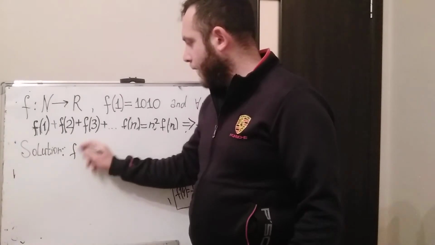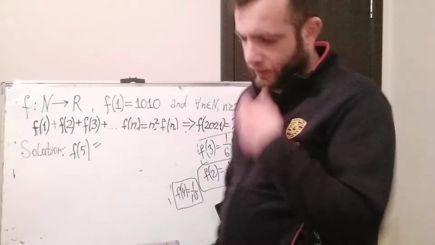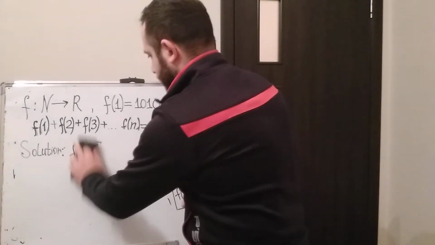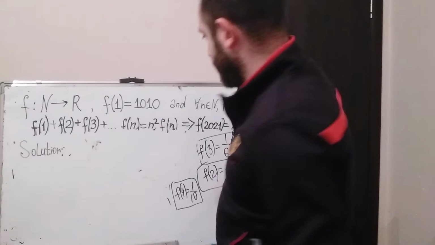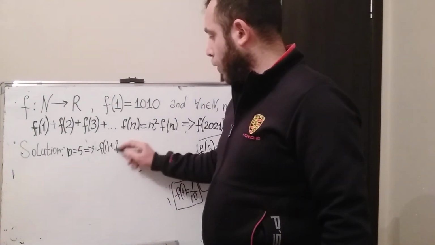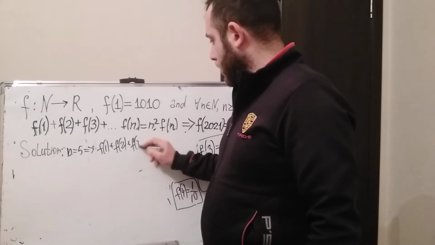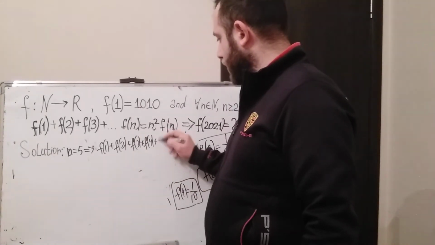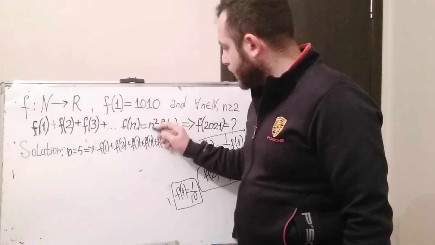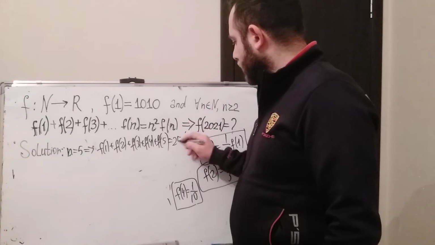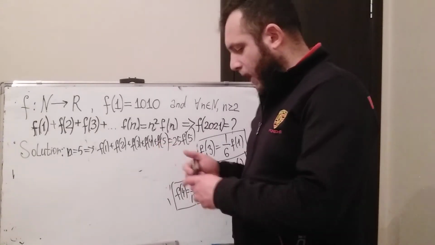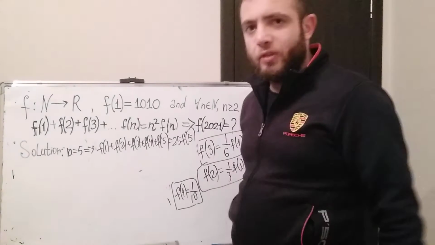Let's explore f(5), and probably f(6) too. Before that, let me erase first. If we plug in n equal to 5, it will be f(1) plus f(2), f(3), f(4), f(5), equal to 5 squared, which means 25 f(5). Subtracting the same f(5), it will be 24.